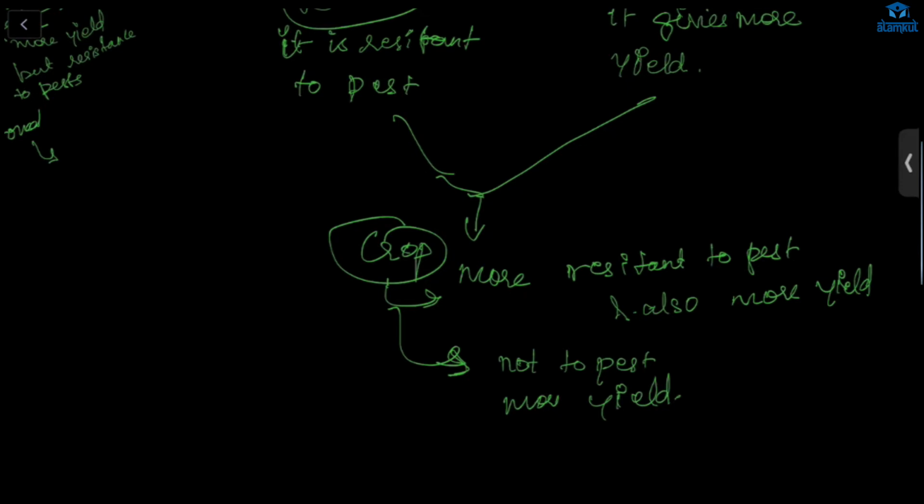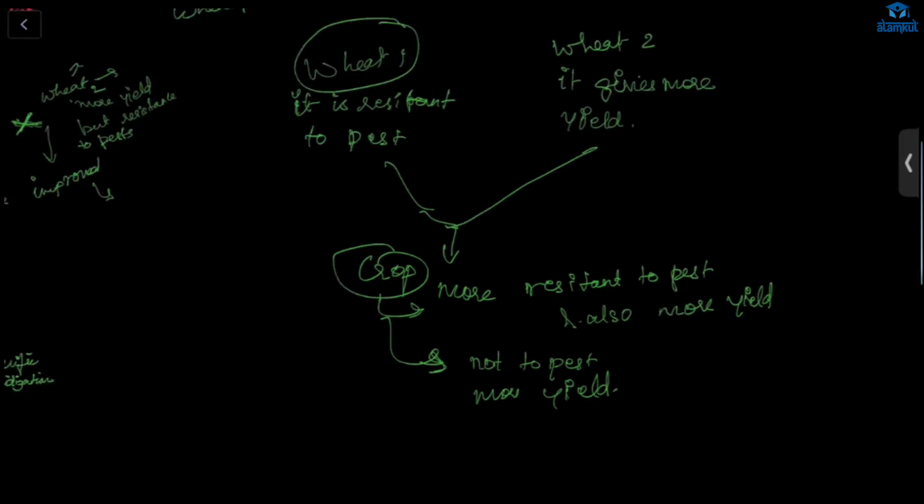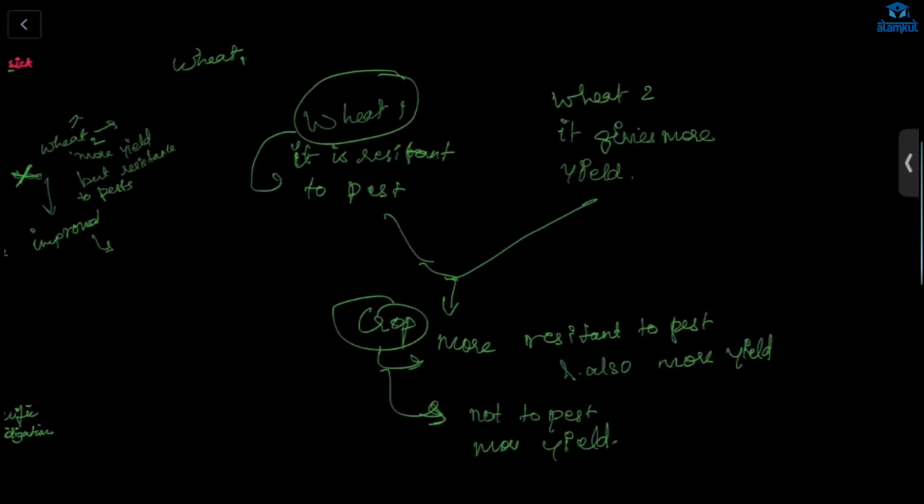Now we are in the modern age. We knock out the gene which makes this wheat resistant, clone it, and put it here. You will learn in higher classes how this is done. Understood, everyone? Yes, ma'am.